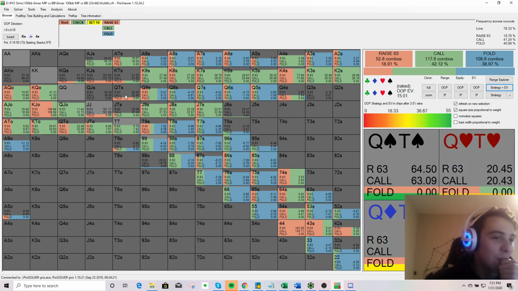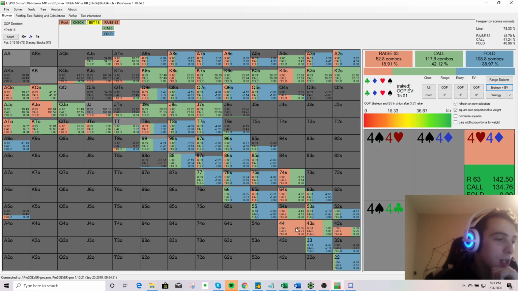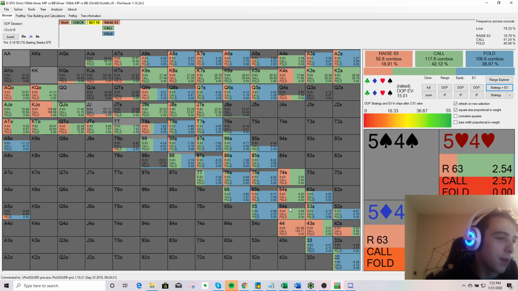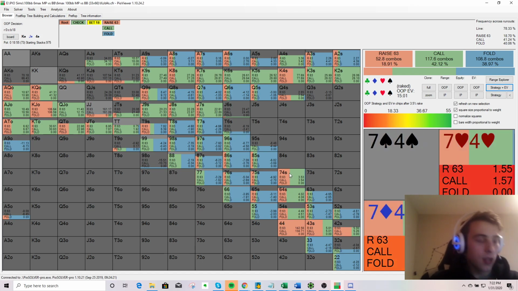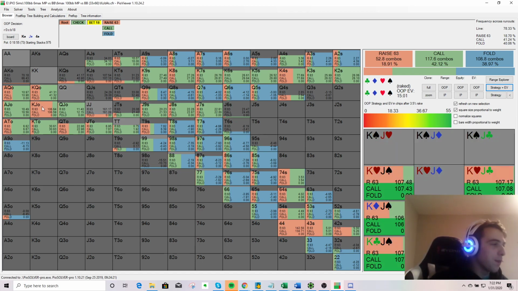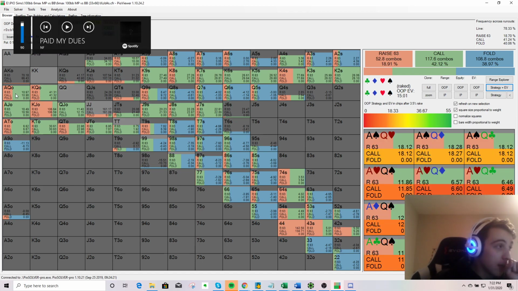Surprised to see even Queen 10 of hearts and clubs raising so much here. There's not much of an EV difference, but pocket fours and another grouping of hands I did miss are these bottom pair holdings. I didn't mention these in my prediction, but that makes sense. Pocket jacks, I guess big blind does have jacks in the range at some frequency. King jack, ace queen.